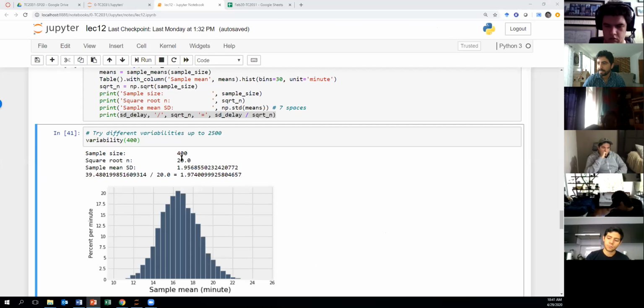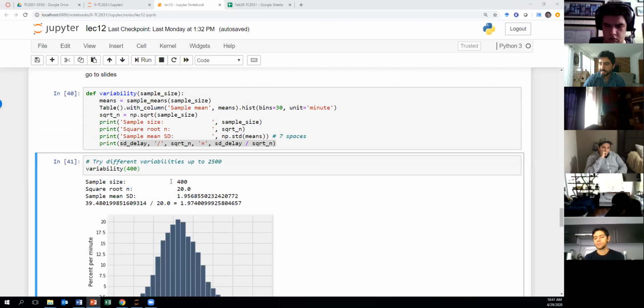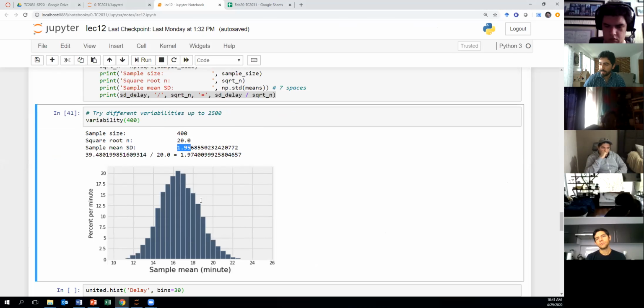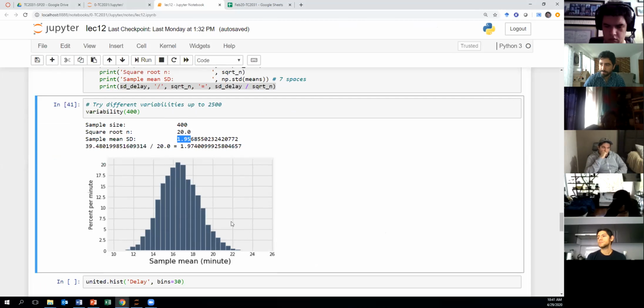And we just showed that it's really happening. This is my sample size. I take the square root of it, which is 20. This is the standard deviation of my sample distribution. And this is the original standard deviation of my population divided by the square root of this, and I end up with this, which is exactly my sample mean standard deviation.